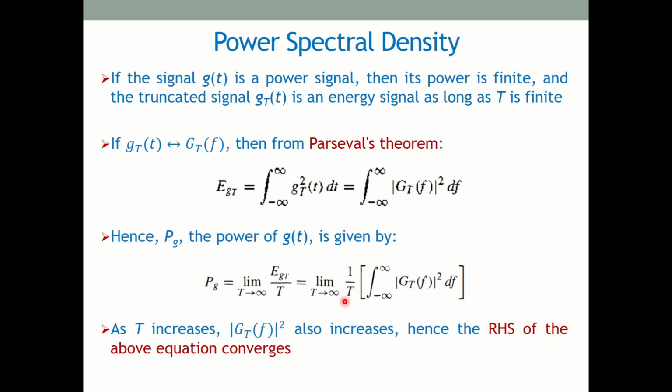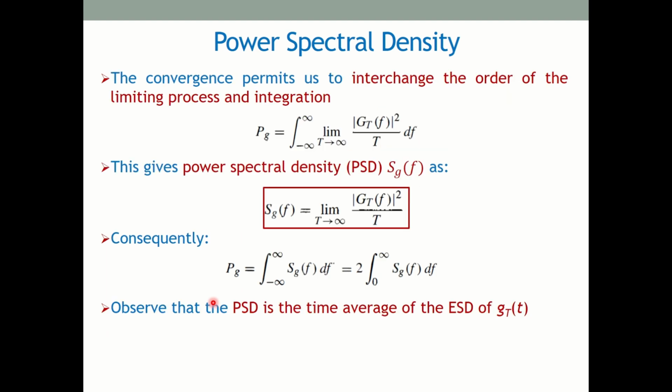So until this point we have shown that the power of the signal g(t) is related to the energy spectral density of the truncated signal through this expression. The term in the bracket is the total energy of the truncated signal, and when we divide it by the time interval T, it gives us the power of the signal g(t).